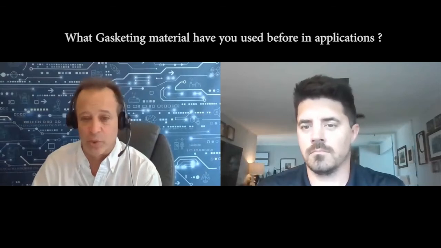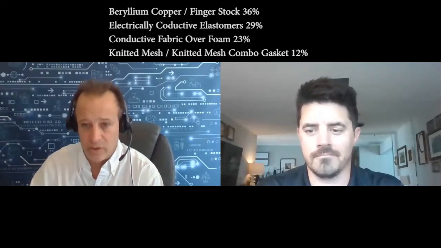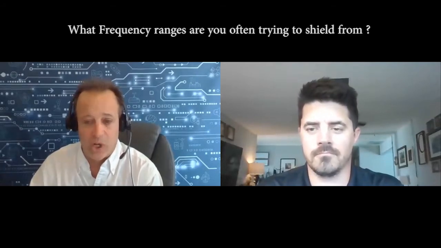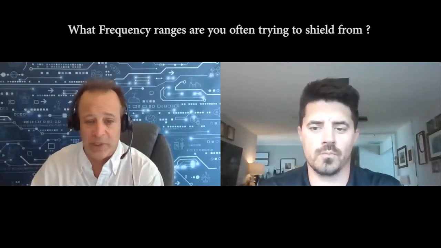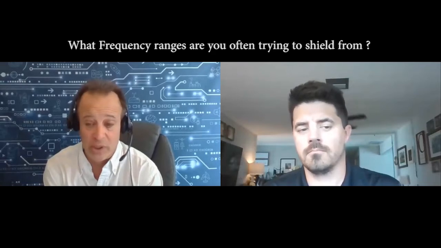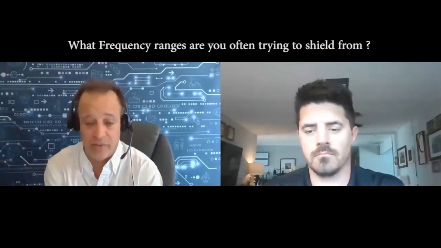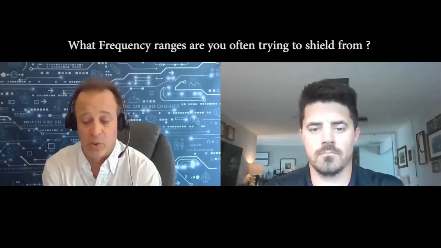We're going to go through all these materials during the presentation. Next question: what frequency ranges are you trying to shield from? Kilohertz level, 100 megahertz to 1 gigahertz, 1 gigahertz to 5 gigahertz, 5 gigahertz or higher.